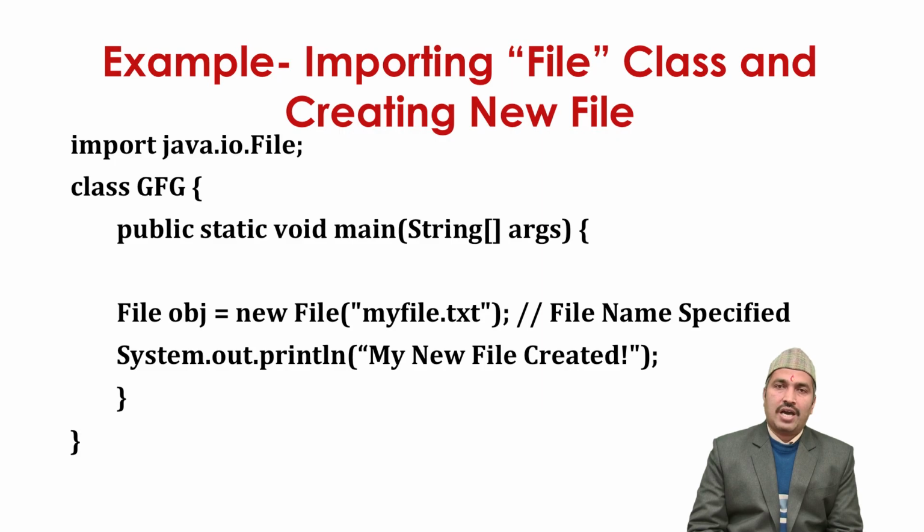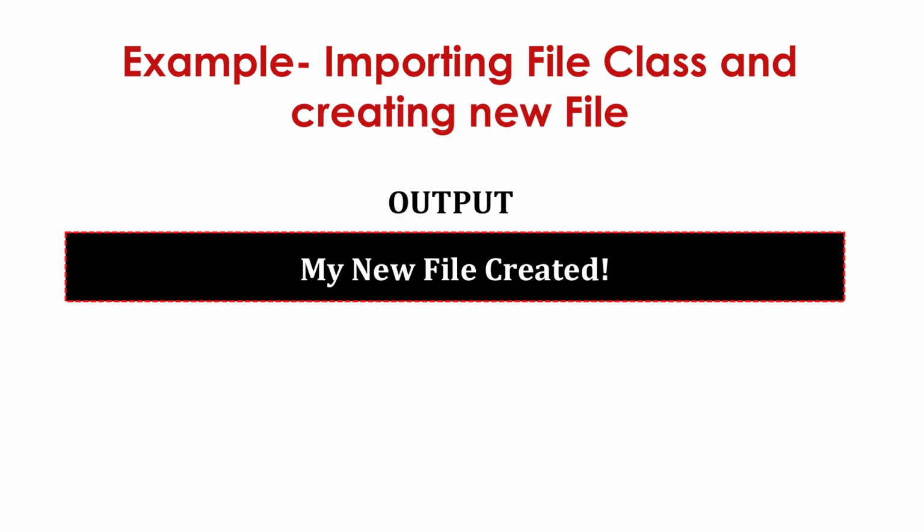Without the use of exception handling, in the next line we display a message on the console: my new file created. That was only an example to show how to use an instance of the File class.